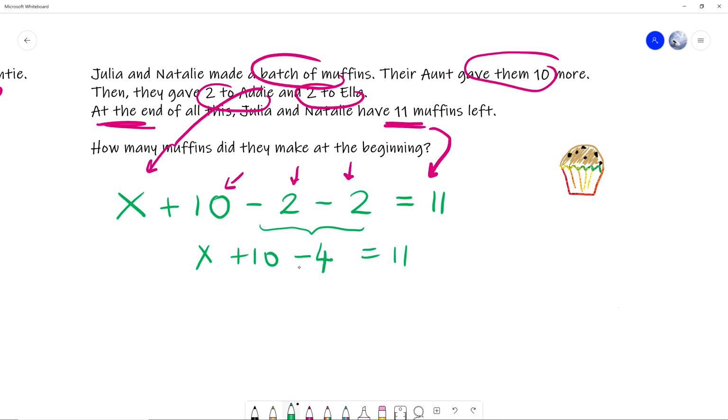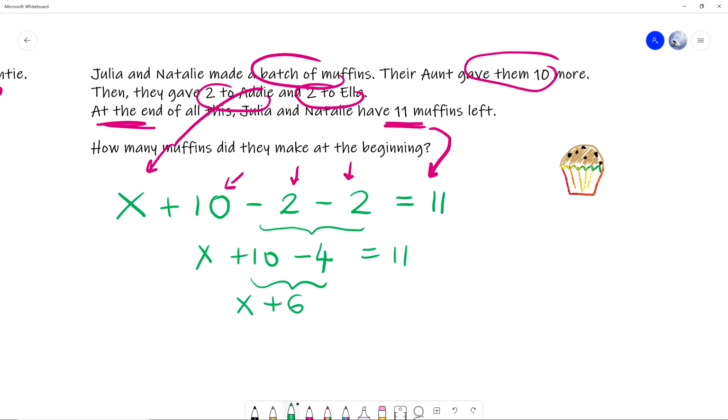Very good. What else? I would take 2 from the 10, which is 8, and then another 2 from the 8, which is 6. So 10 minus 4 gives you 6.